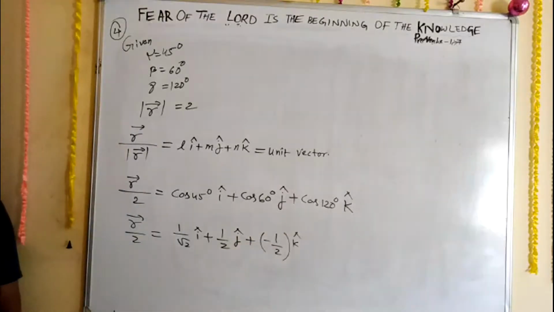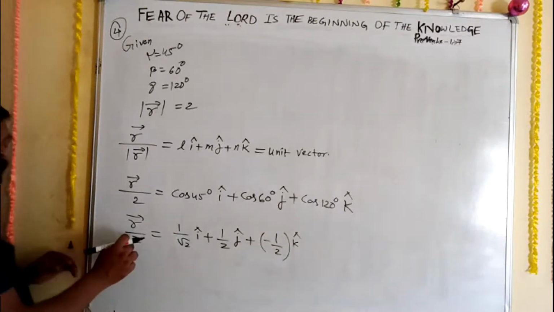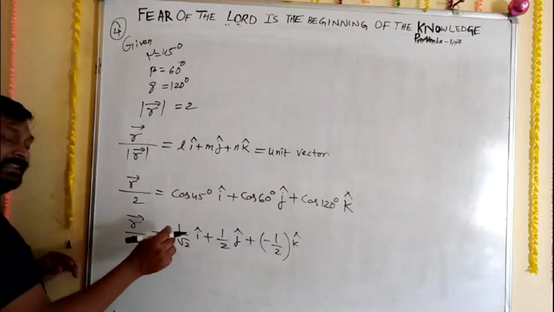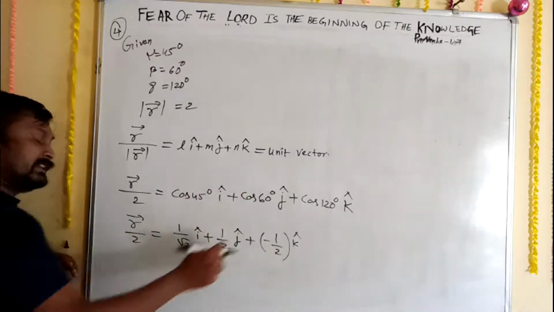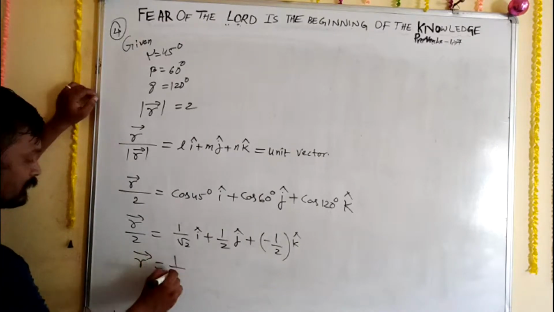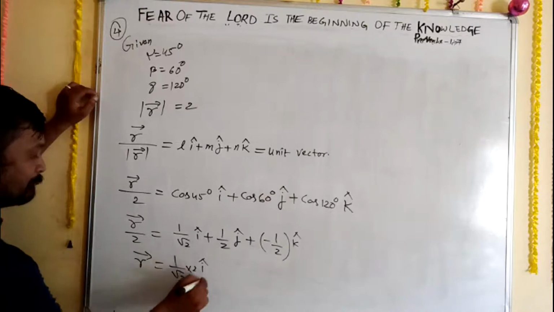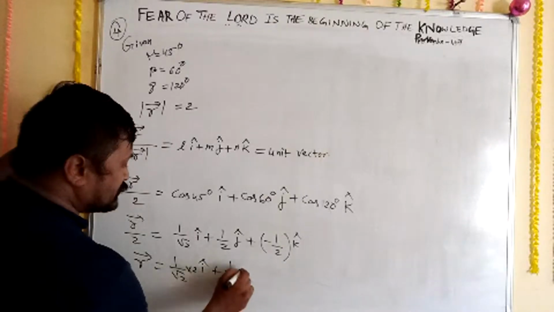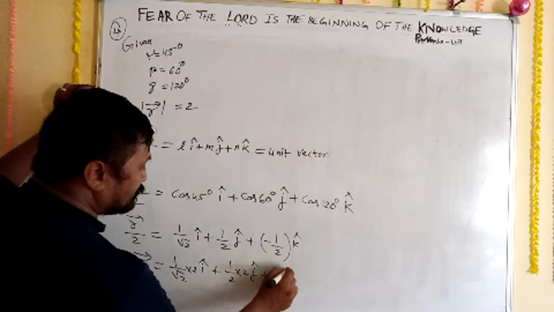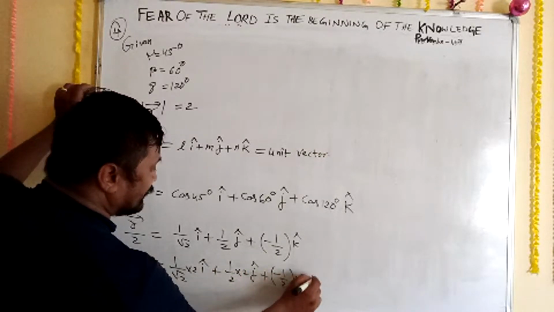So you have got all of it, and what I need to do, just observe carefully here: the 2 is dividing, so go to that side as multiplication. Multiply each and every term with 2. Then r vector is equal to half into 2 i cap plus 1 upon 2 into 2 j cap plus minus half into 2 k cap.